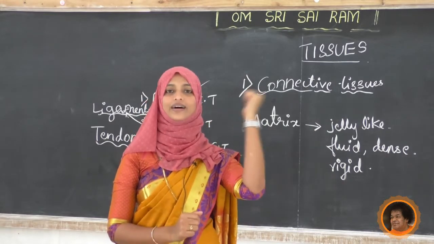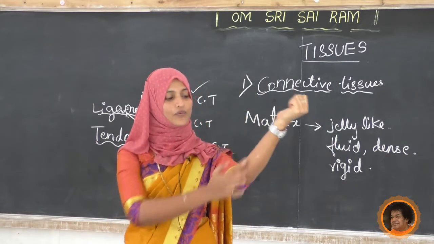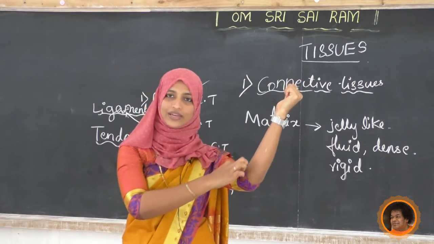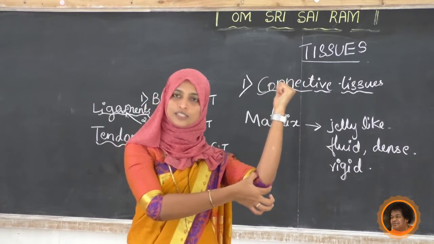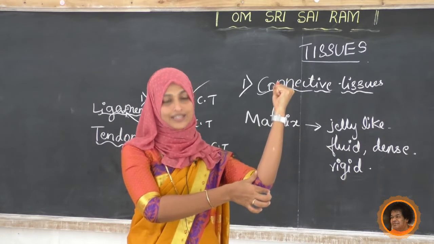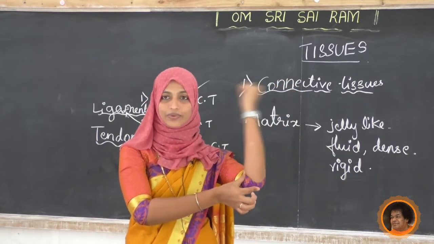See here, we can bend our hands, because here there is one bone and another bone, and there we can see the ligaments. In this part we can see the ligament. So ligaments are more flexible.